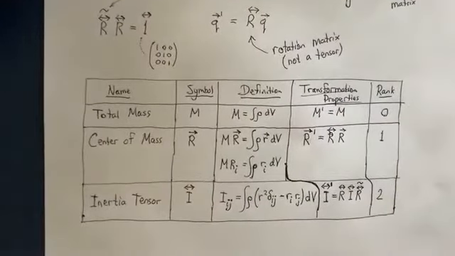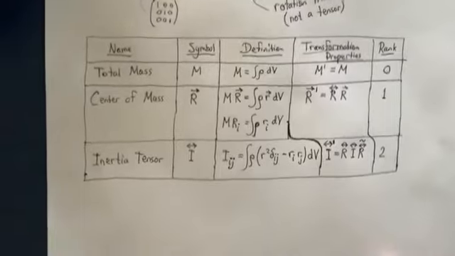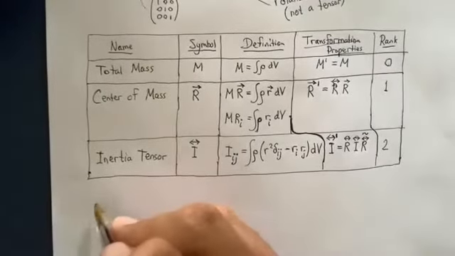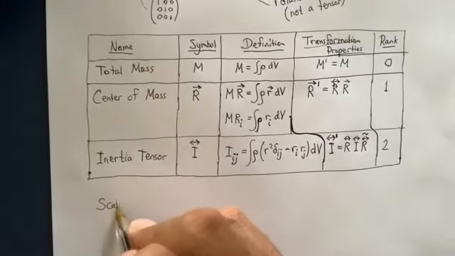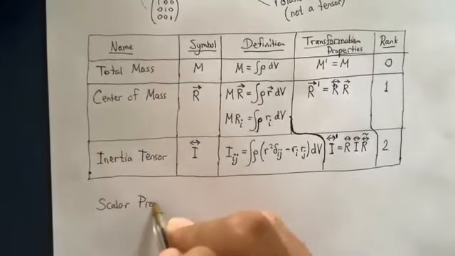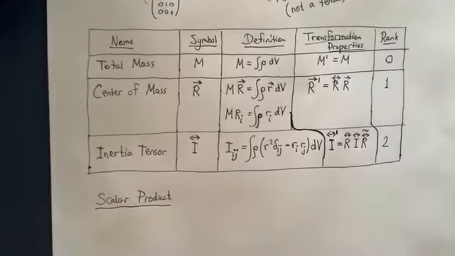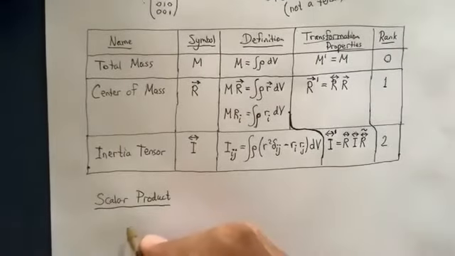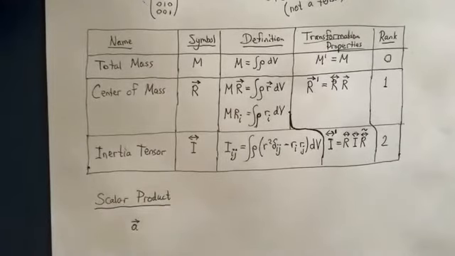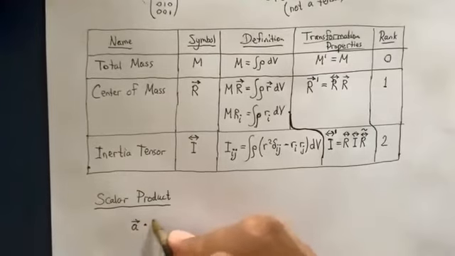Okay, and we're going to be very careful with the notation. So the scalar product, okay, if you have 2 vectors, let's say we have the lowercase a vector, and we're going to form a dot product with the lowercase b. So this is our notation.